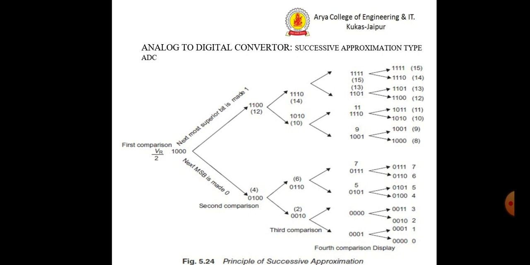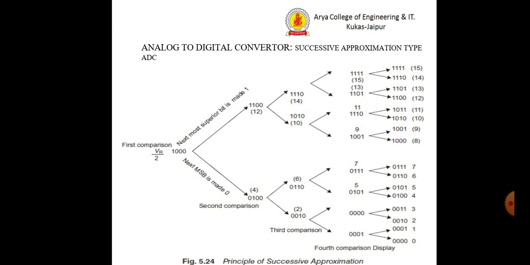Thus, for 4 comparisons, we get a 4-digit number. For 6 comparisons, we get a 6-digit number. For n comparisons, we get an n-digit number. The maximum input that can be converted is equal to V reference.